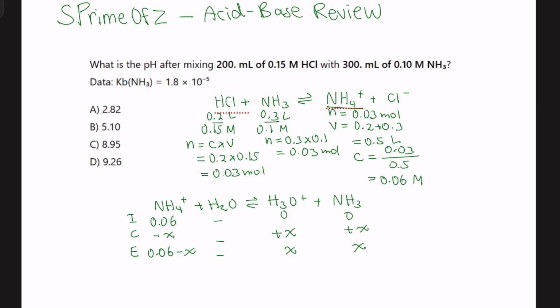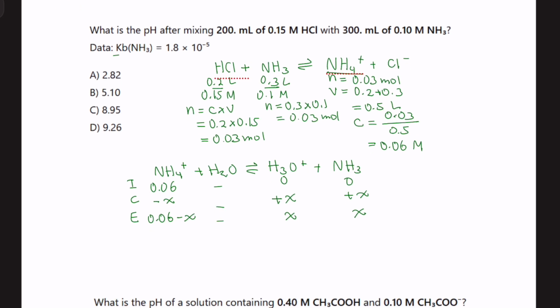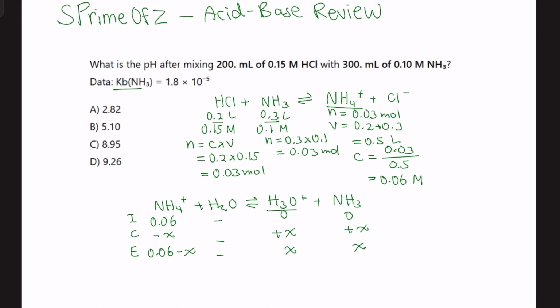Now something that we have to convert is we're given a Kb value, but as you can see, we're producing hydronium. So in order for us to calculate, we need to find the Ka value. So Ka is the Kw of water, which is 1 times 10 to the negative 14, over the Kb value, 1.8 times 10 to the negative 5, and this will give me the Ka value.